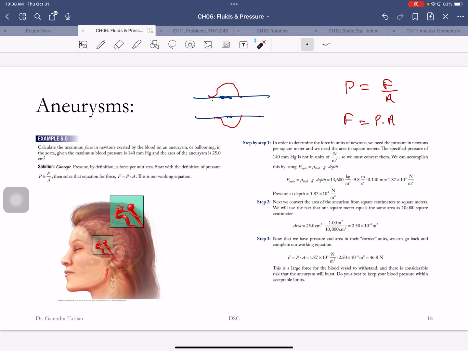So 25 centimeters squared. The aneurysm is about that big, and the force on its walls is 15 newtons. 15 newtons is 22 pounds. On a thing like that, 22 pounds. Good luck, right?